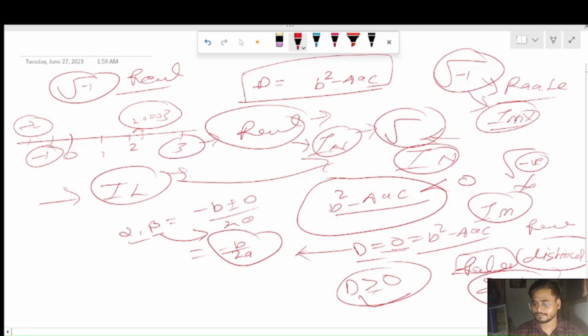When it is equal to 0, our roots will be same and real. When it's less than 0, our roots will be imaginary.